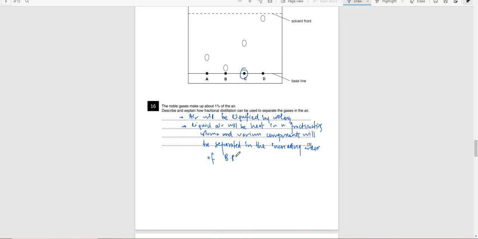Then they will be condensed and collected.